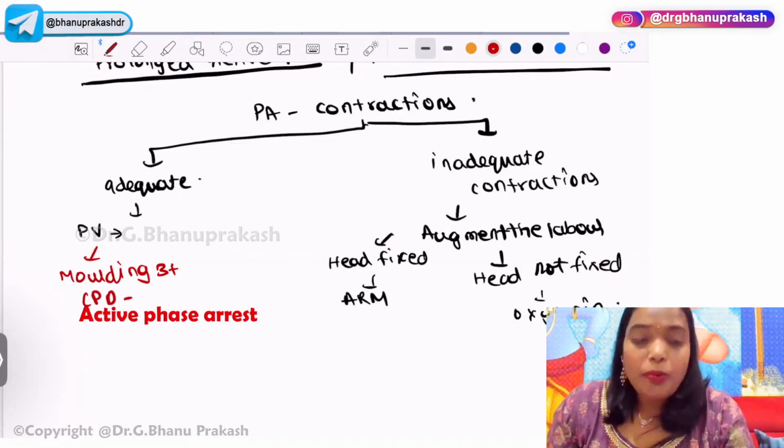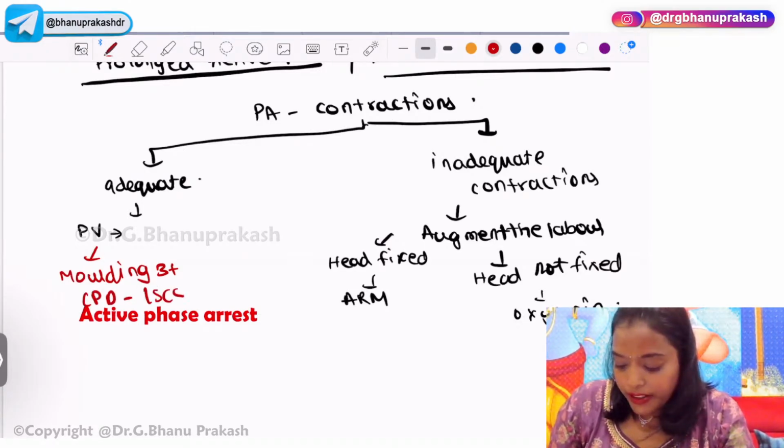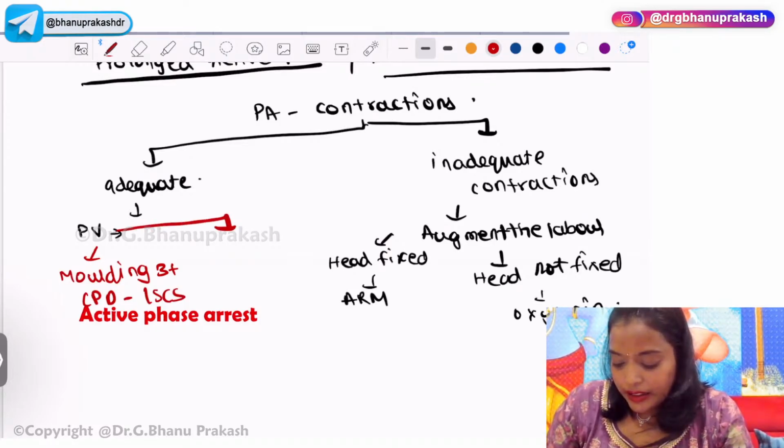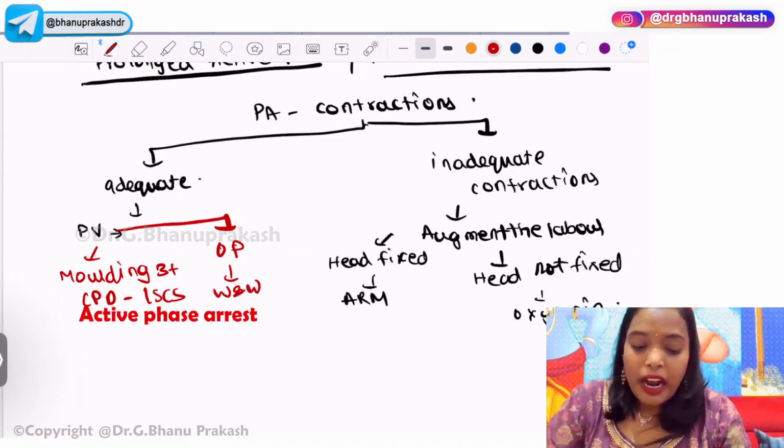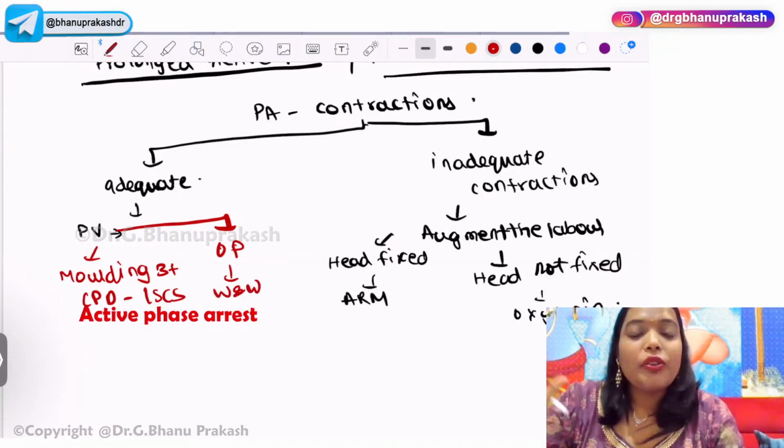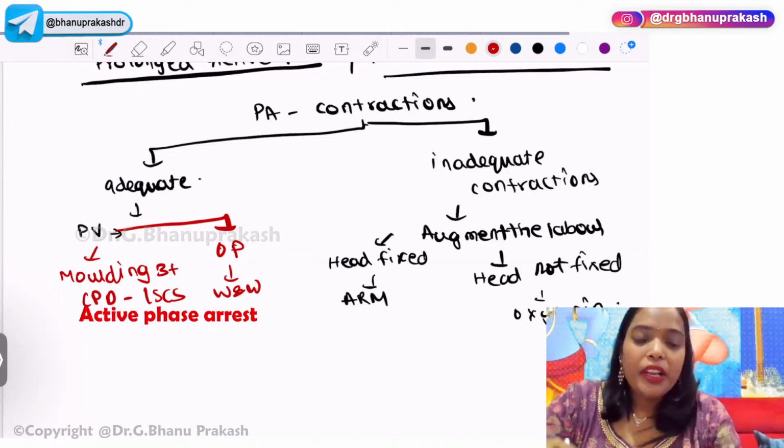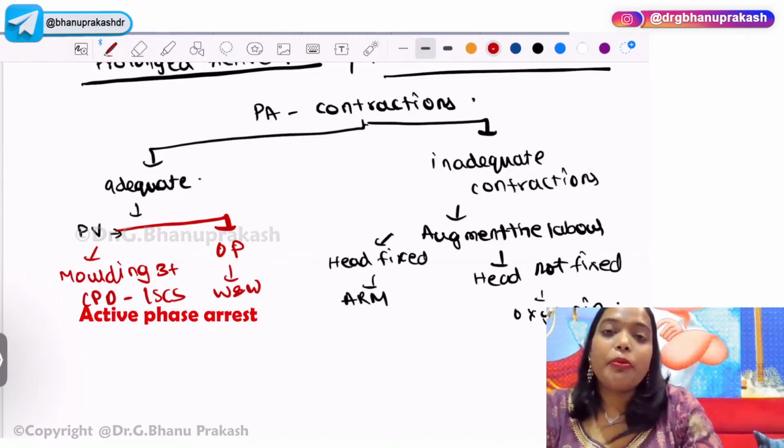Whenever it is a cephalopelvic disproportion, you have to go for LSCS. On PV, if you see that there is OP position, you can wait and watch, because OP ultimately will rotate. Okay? So this is about the protracted, prolonged labor.